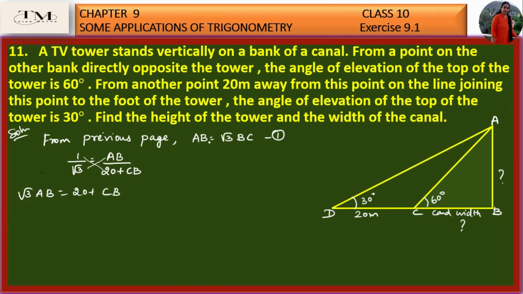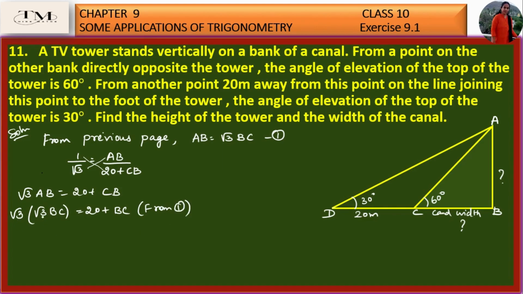Now AB is equal to root 3 BC, so we substitute the first equation here. Root 3 into root 3 BC equals 20 plus CB, which is nothing but BC. Both are same.